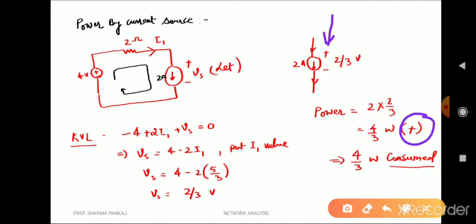It is 4 by 3 watt being consumed by this source. It means this current source is consuming power from the system. The system is your circuit here.